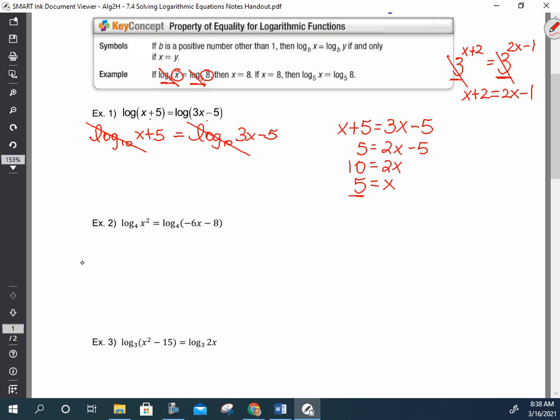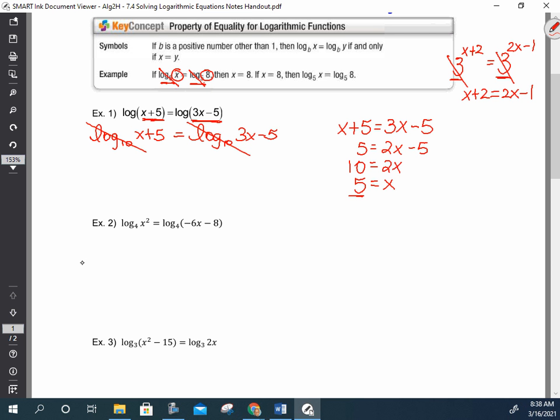That's one thing. The other thing, which is very, very important, is that neither one of these can be negative. Neither one of those, when you finish it off, can be negative. If that happens, that answer doesn't work.